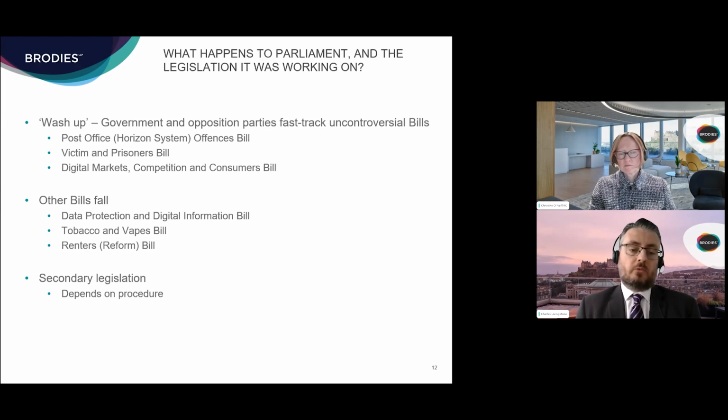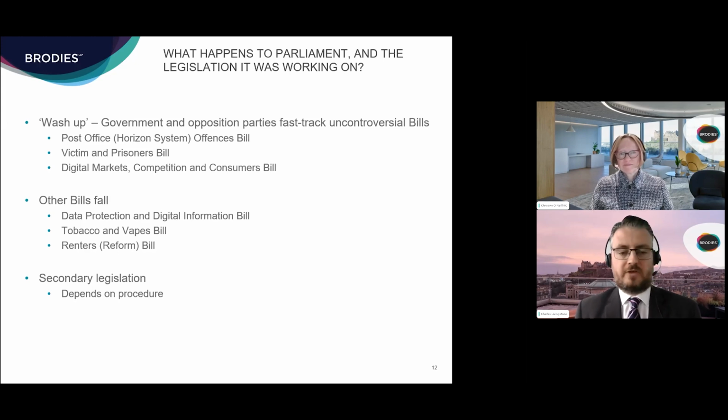But there were other bills that were before Parliament which, if Parliament had run its full term, could have got through, but which fell at dissolution. One of those is update to the data protection regime in the Data Protection and Digital Information Bill. Another is the Tobacco and Vapes Bill, which is ironic because that's one of the things on which the current Prime Minister has identified as a legacy item, but it will only become so if it's taken up in the next Parliament because it fell.